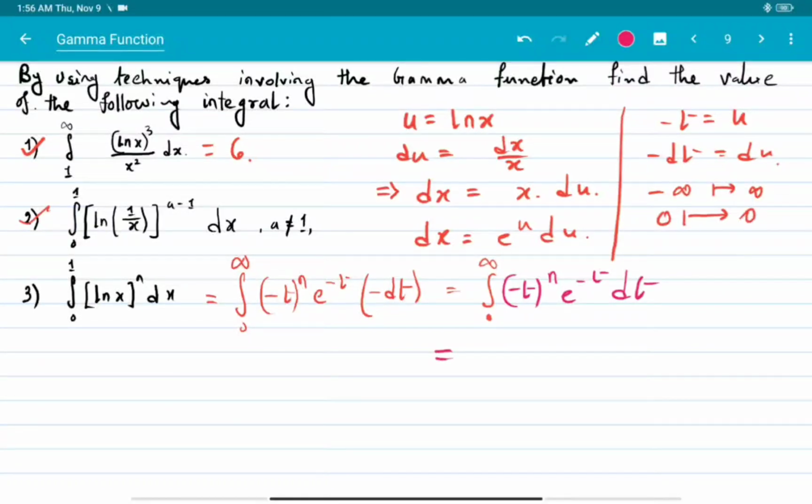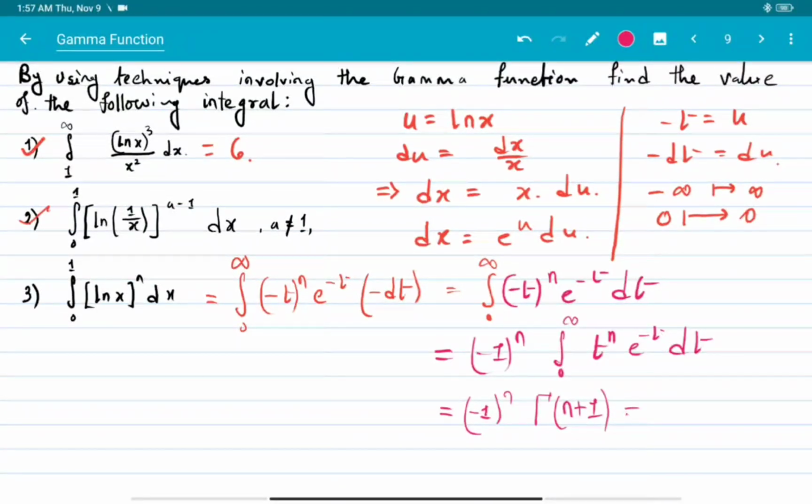So dt, and this is minus 1 to the power n, 0 to infinity, t to the power n. I hope you are getting this, and it is quite easy to handle. So this is dt, and this minus 1 to the power n, and it is gamma n plus 1. So you can write it in this format, minus 1 to the power n times n factorial.